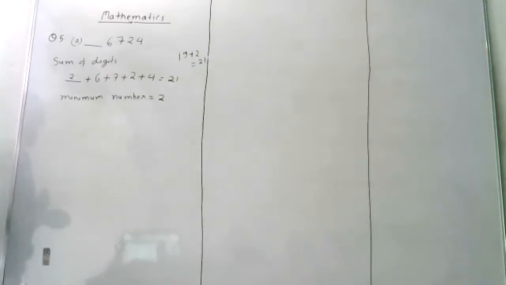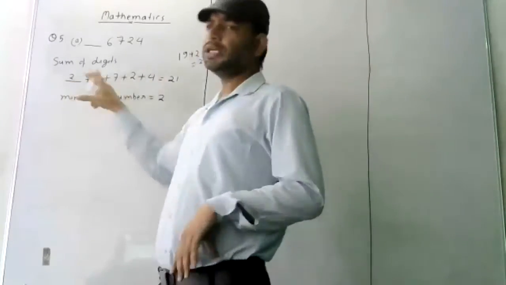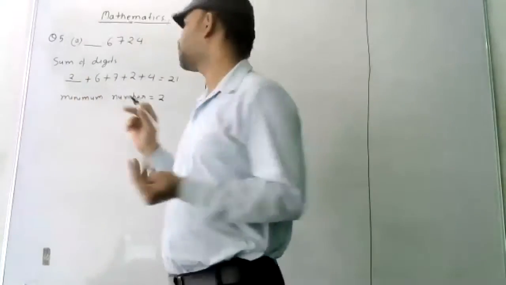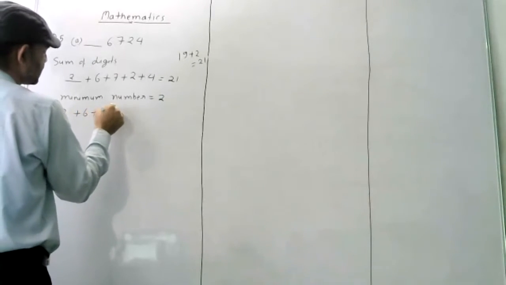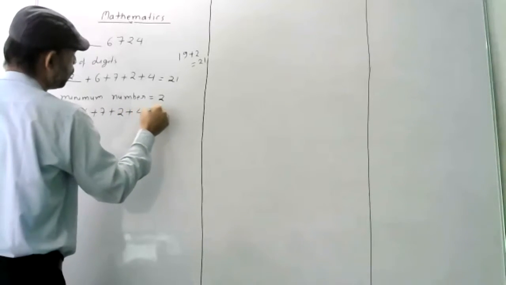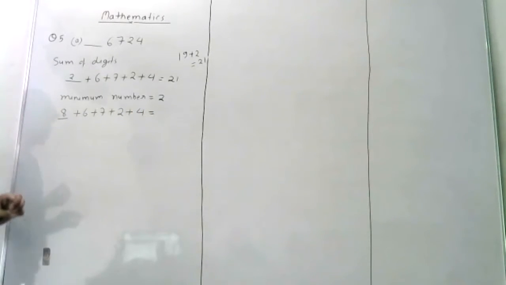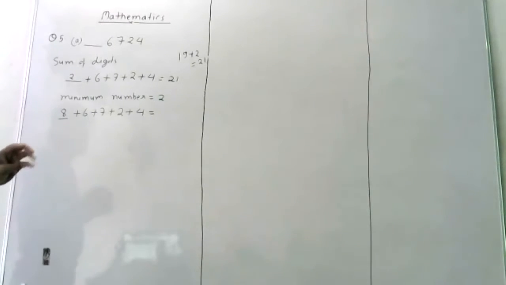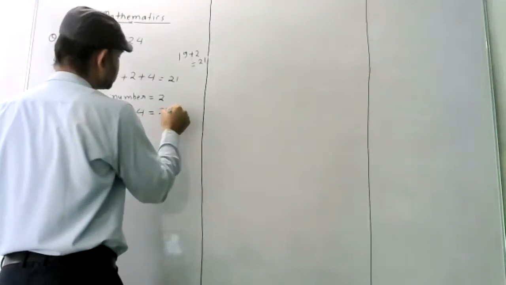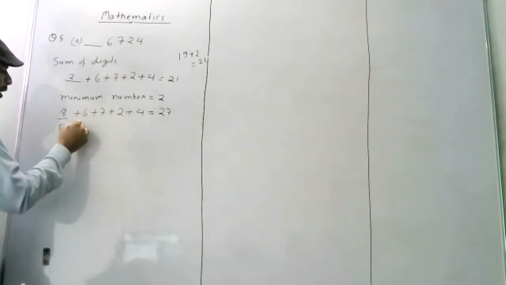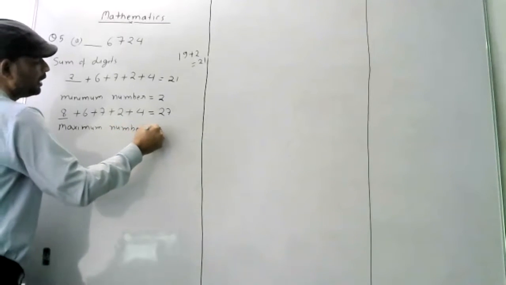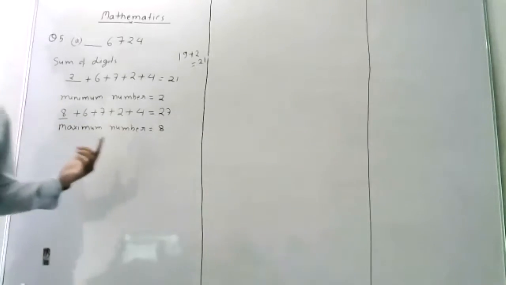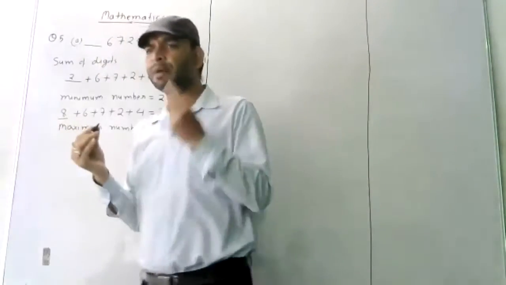Again, the maximum number: put here 8. 8 plus 6 plus 7 plus 2 plus 4, that is 19 plus 8, equal to 27. So the maximum number is equal to 8. In the blank place, at least the minimum 2 should be put.